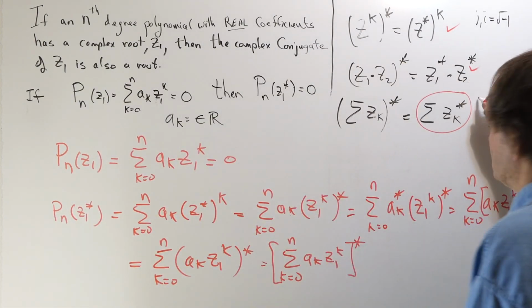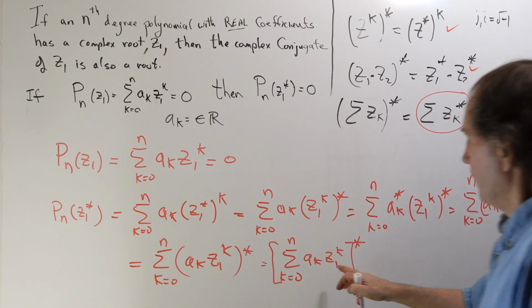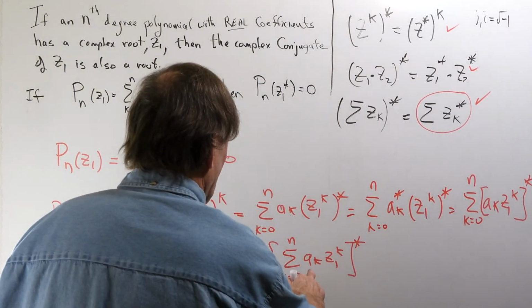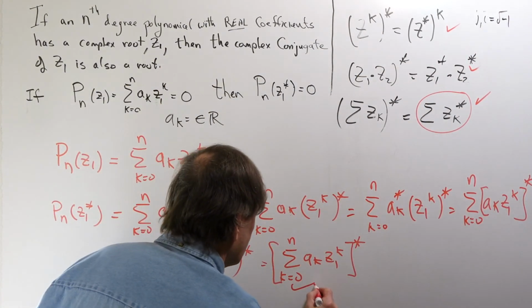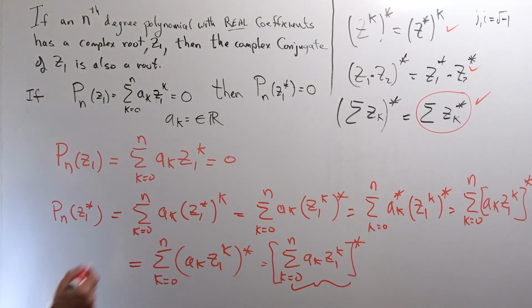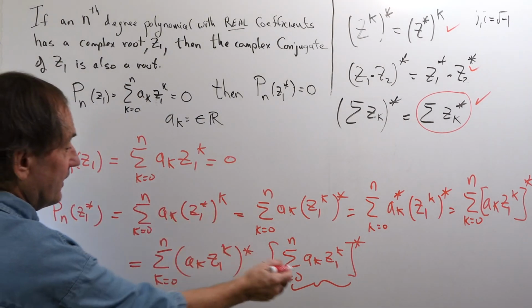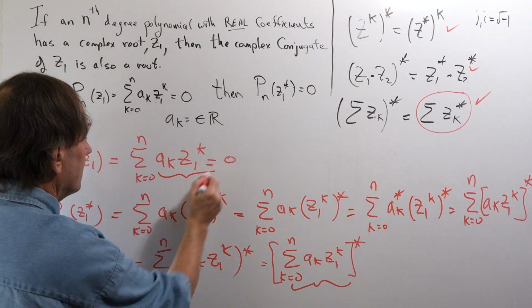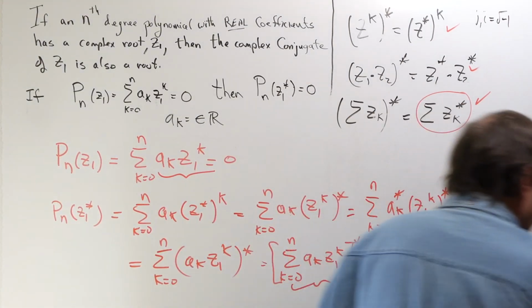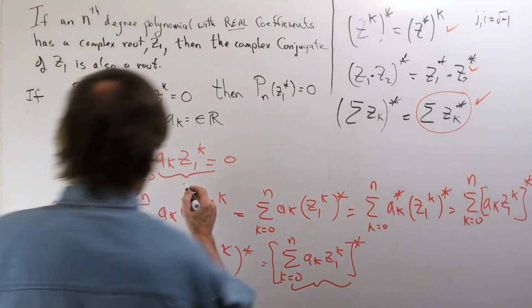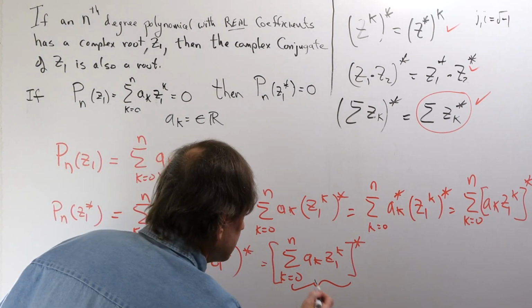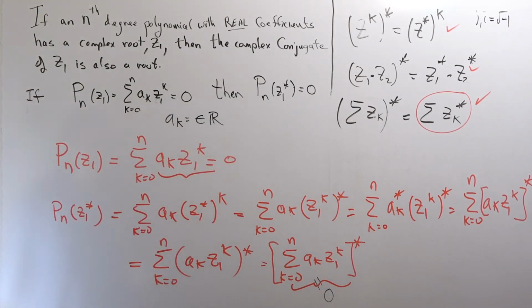We're using this property. Well, what is this? This was our original proposition right here. This is equal to 0. This is identically equal to 0.